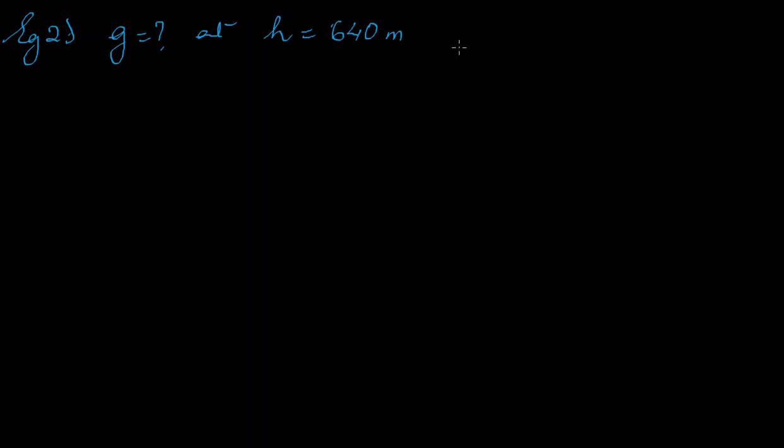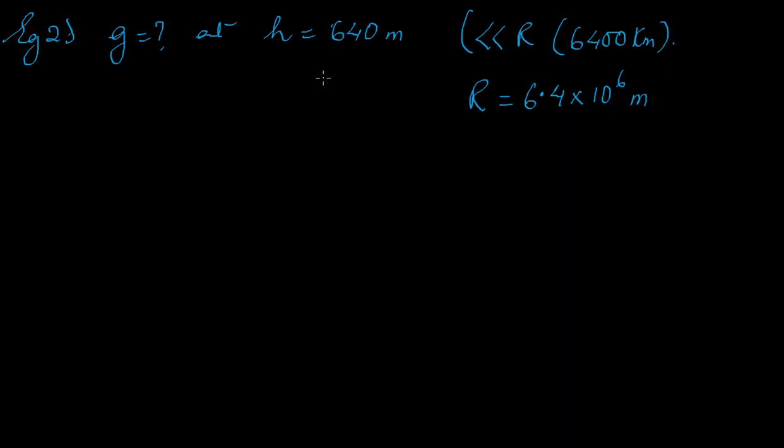Obviously this height of 640 meter is quite small compared to r. Do you know what the value of r is? R is 6400 kilometer, and if you convert this to meter, you will get 6.4 into 10 to the power 6 meter. Here, let us first write the value of h in kilometers. So this will be 0.64 kilometer.